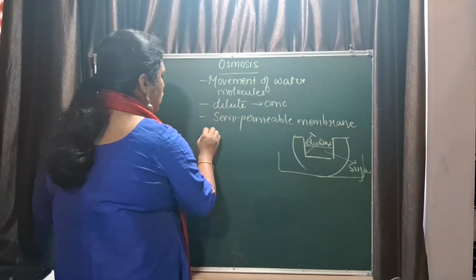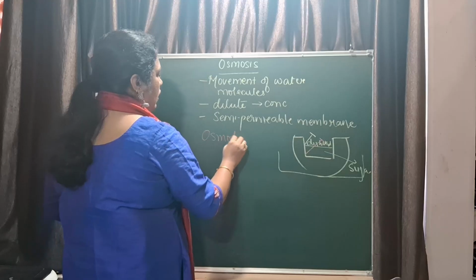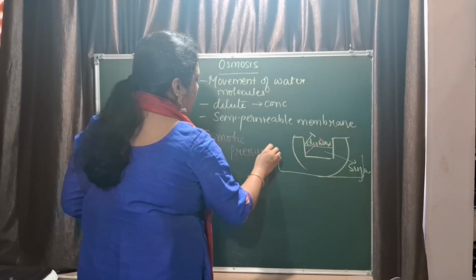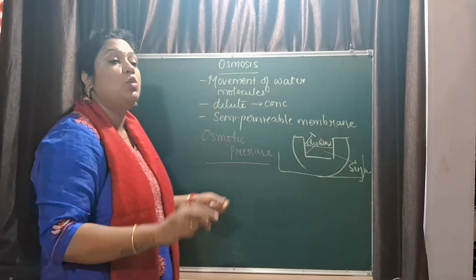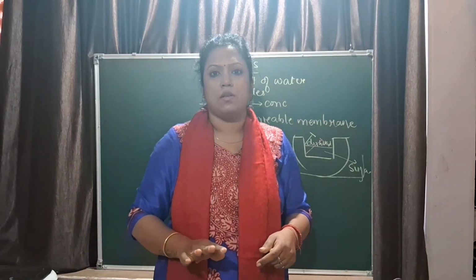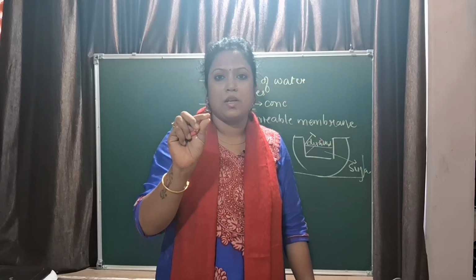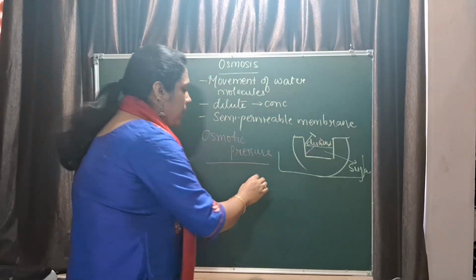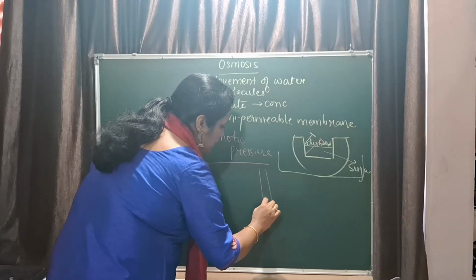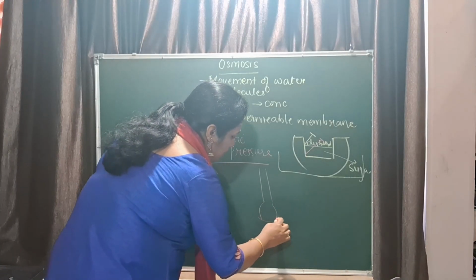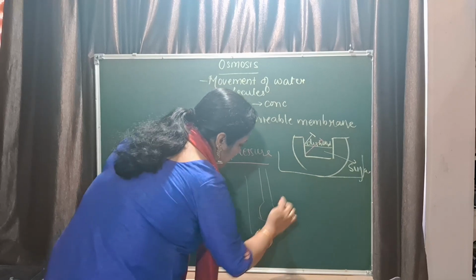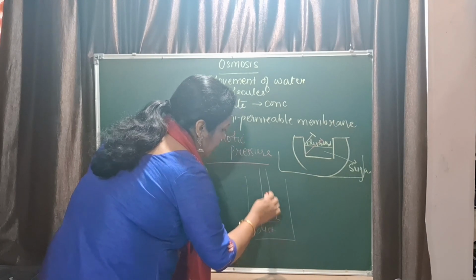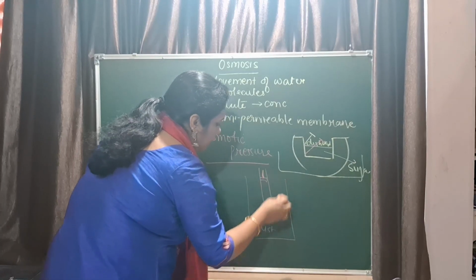Now there is something called osmotic pressure. Osmotic pressure is the minimum pressure required to stop the process of osmosis. You can have the same setup where you have a thistle funnel covered with a semi-permeable membrane, placed in distilled water, and inside you have sugar solution, with a piston.